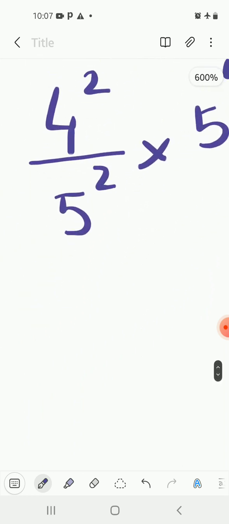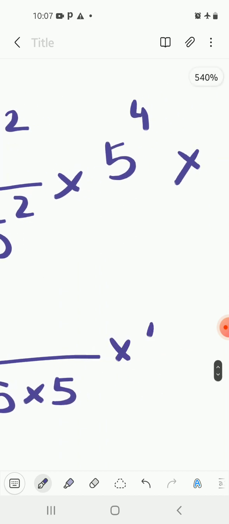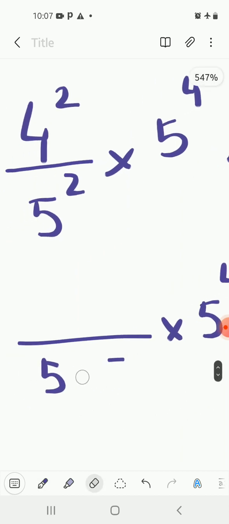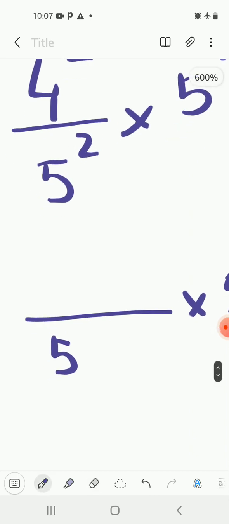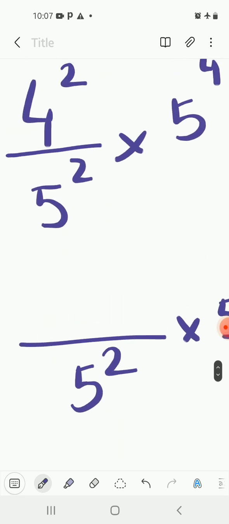You can see there is 5 square. 5 square means there are two 5s, and 5 to the power 4 means there are four 5s. I have written it only for understanding purposes.